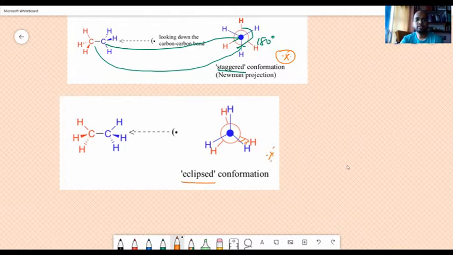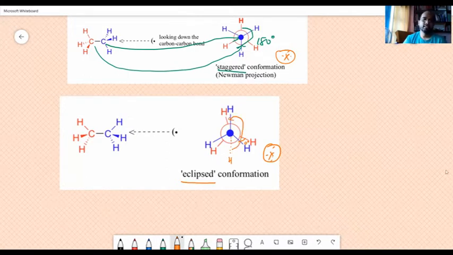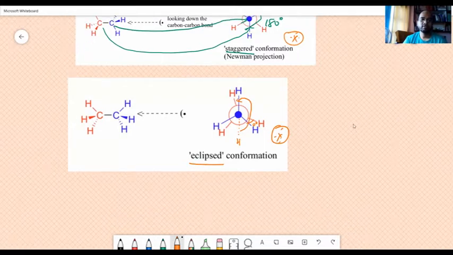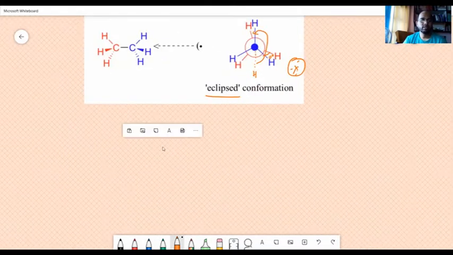This is another important structure. So what have you done? The H was initially on this side. So it has been rotated and brought like this. Okay, so you have two conformations. One is the staggered conformation. The next one is the eclipsed conformation.